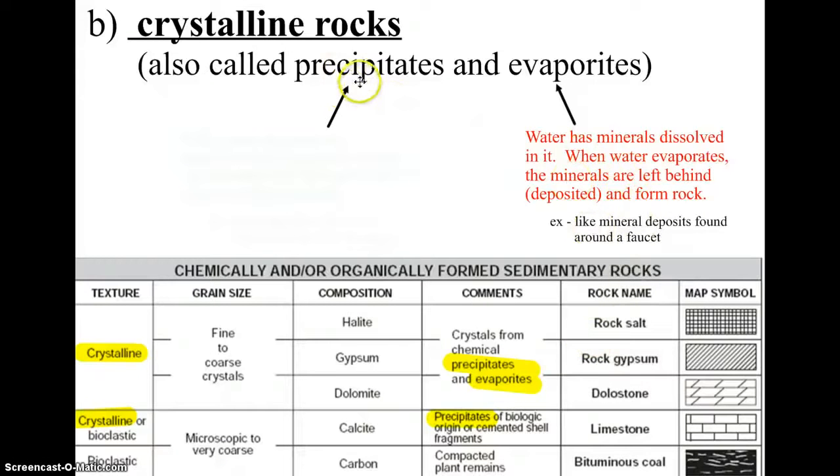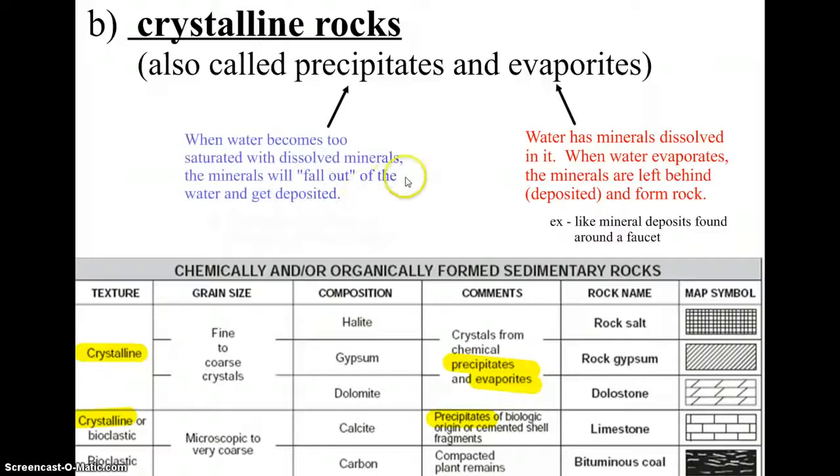Actually, let's talk about precipitates first. You know the word precipitation and you think of rain falling or snow falling. There's also another process. When there's water that is very saturated, very filled with minerals in it, the minerals can build up and become too heavy to stay suspended in the water.